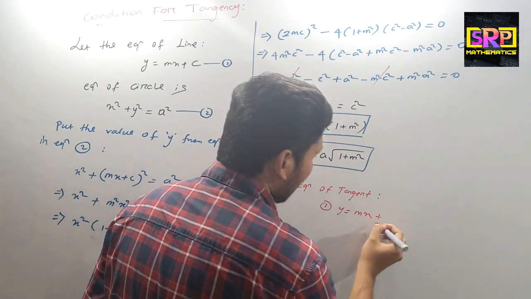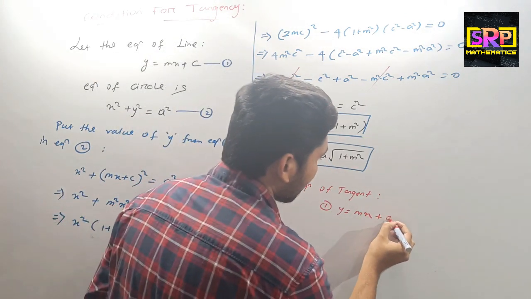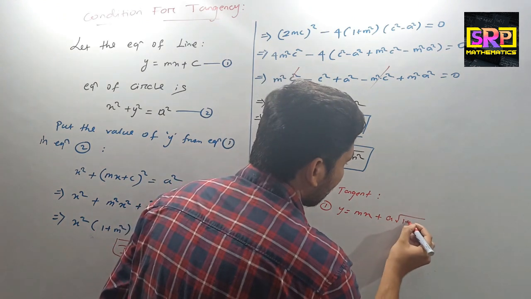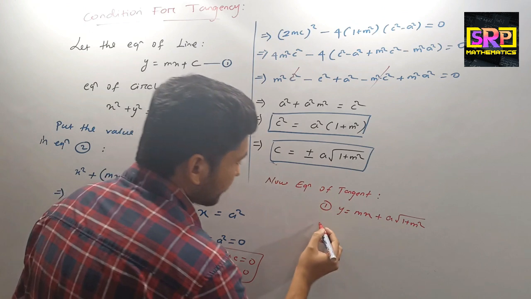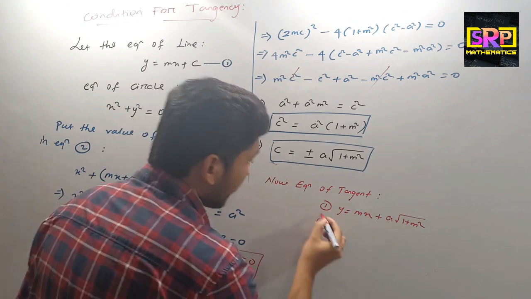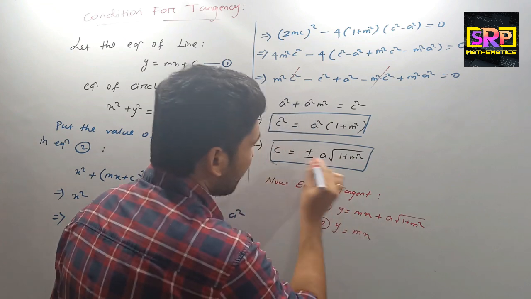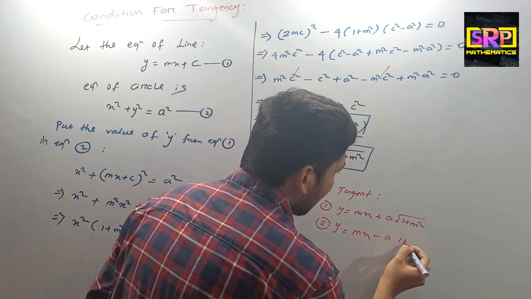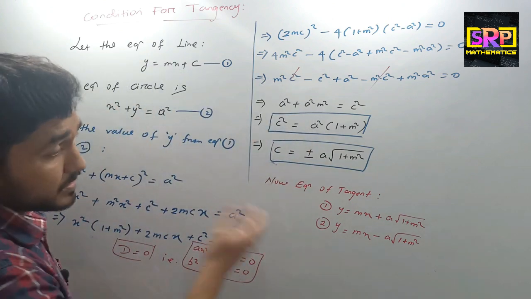That means plus, let me take the value of c, the positive one first, so a into square root of 1 plus m square. Now the second equation also can be written as y is equal to mx minus a into square root of 1 plus m square.